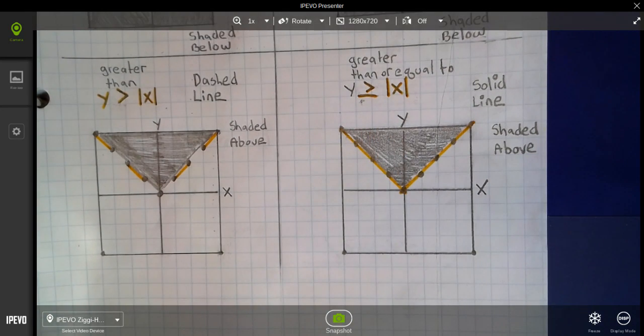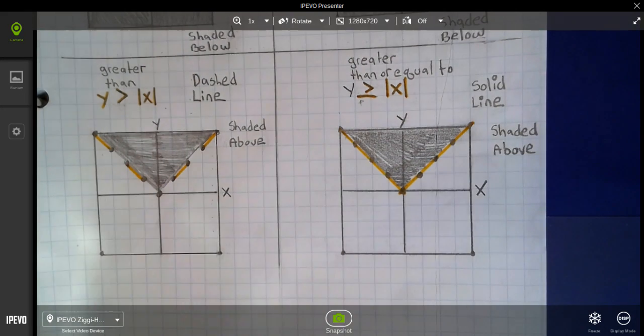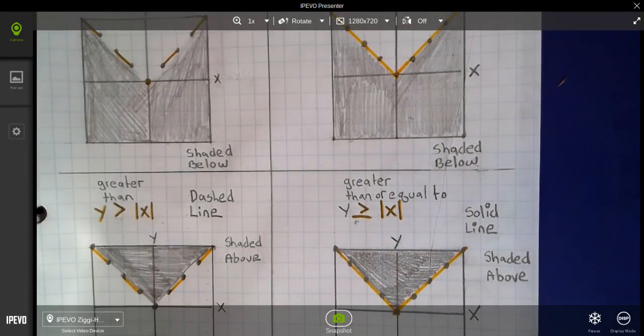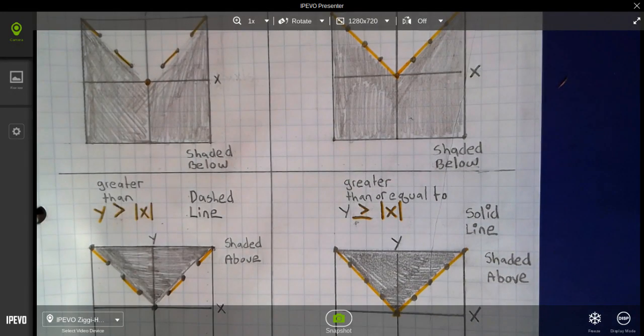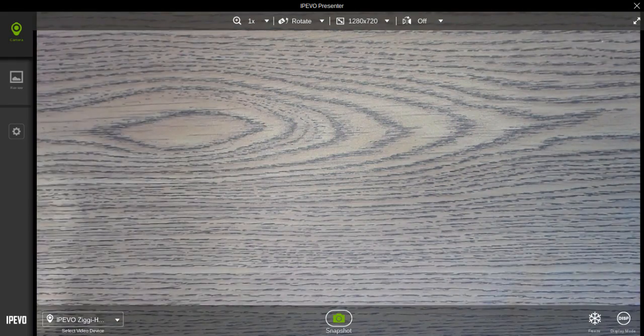So pause the video again and update your notes. All right, so as long as you know these four scenarios, you should have no problem completing the examples in the assignment. So if you would push this aside and let's look at our examples.